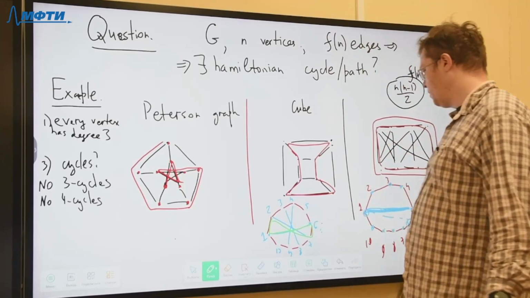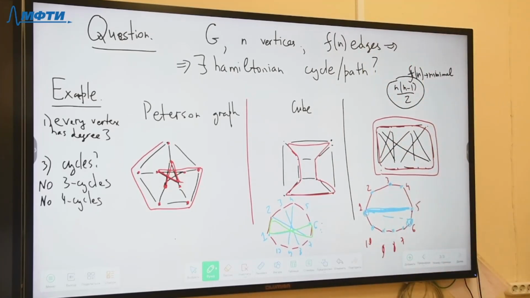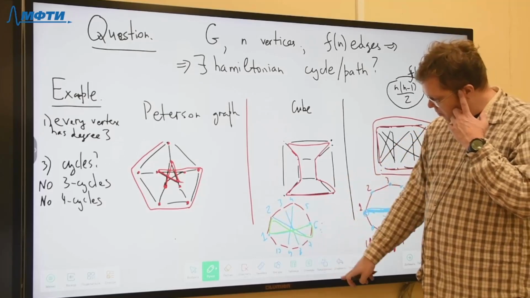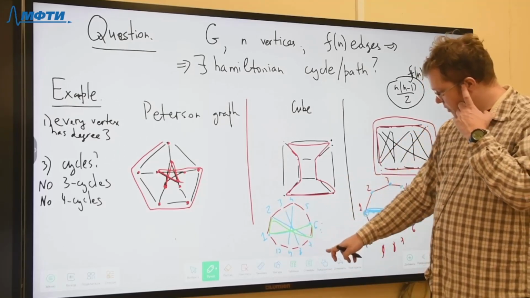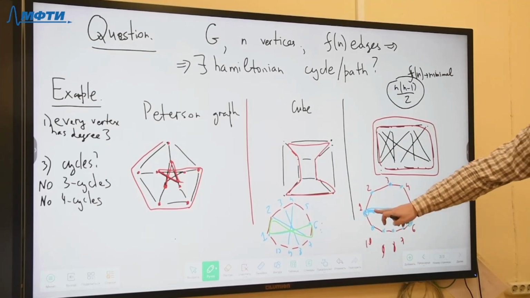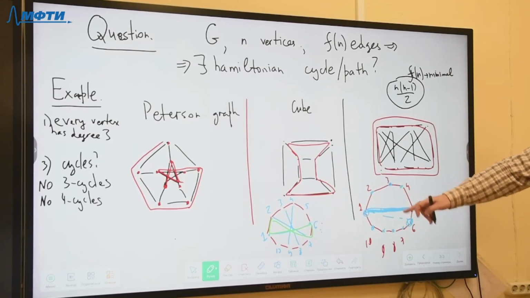And so again, it cannot be happening because our graph has no 4-cycles. So for example, node number 2 cannot be connected to 8 because we already considered this case here. So a vertex can be connected only with the opposite.